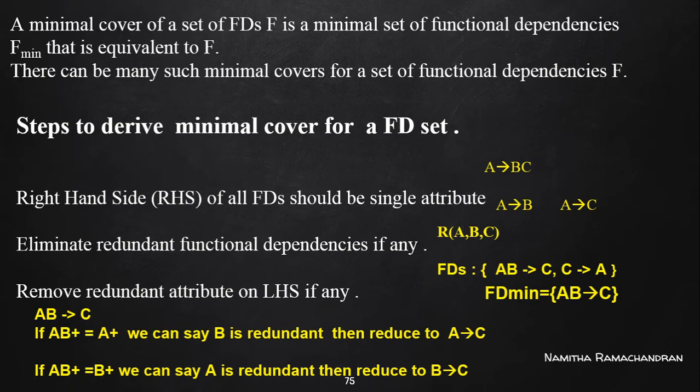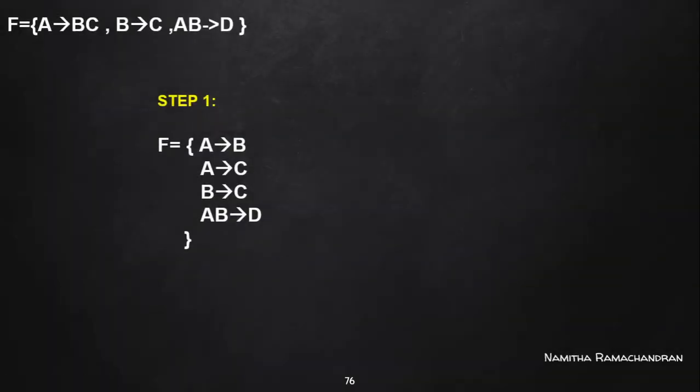So consider certain examples. First, this is the given dependency F: A implies BC, B implies C, AB implies D. What was our first step? Make sure that the RHS part contains a single attribute only. In the first dependency A implies BC, here we have two attributes.